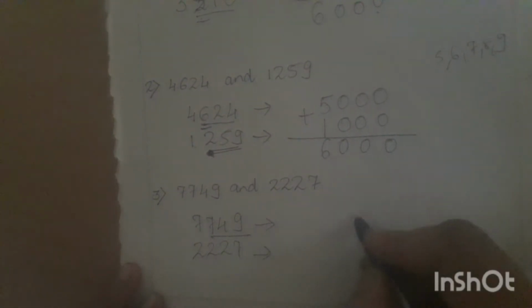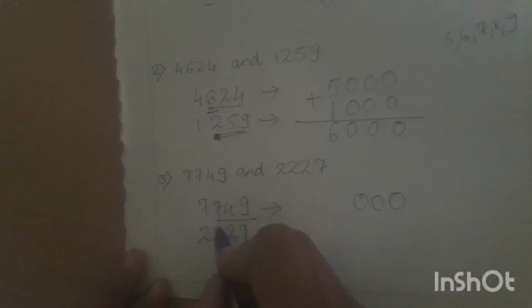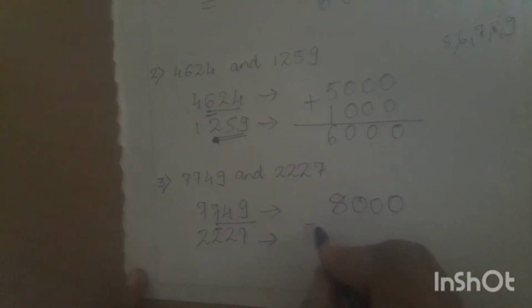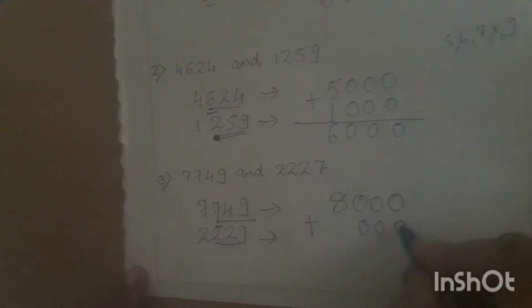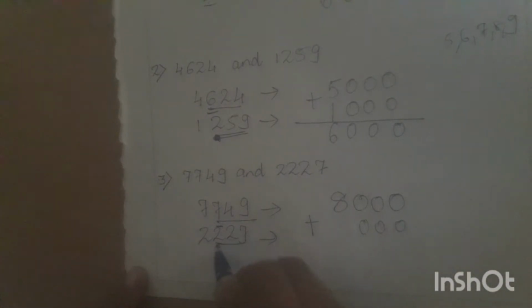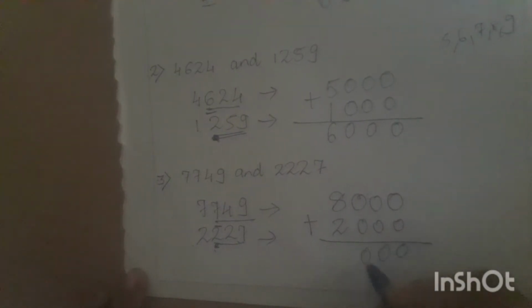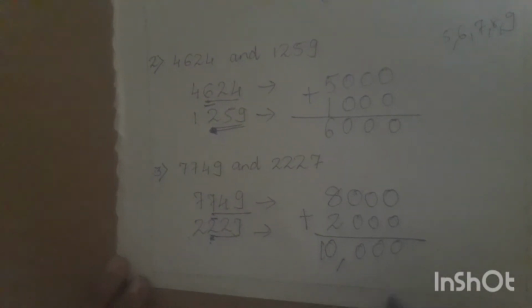If we round off them to the nearest thousands, then 3 zeros first step, the digit at the higher place is 7, condition is satisfied, so 7 plus 1 becomes 8. And now again for this number, 3 zeros, the digit at the higher place is 2, condition is not satisfied, so 2 remains as it is. Okay, now when we add them, here you are with the answer as 10,000.